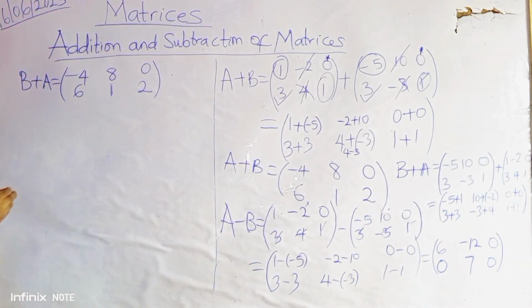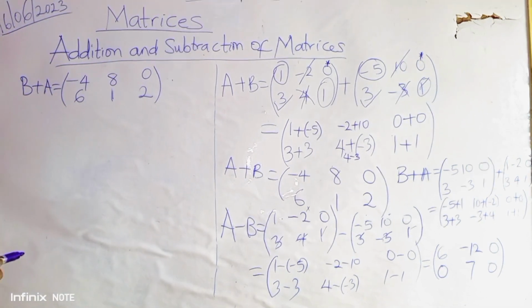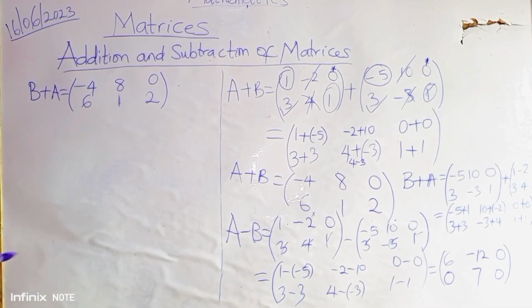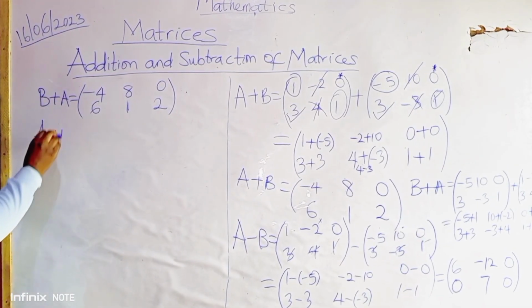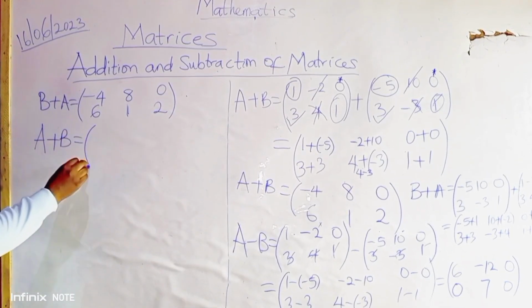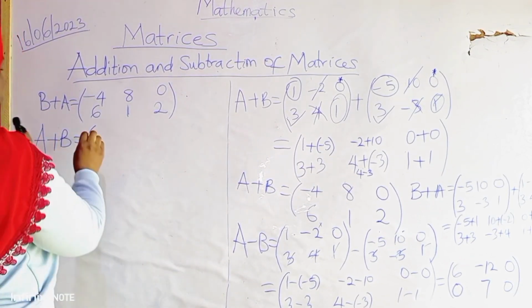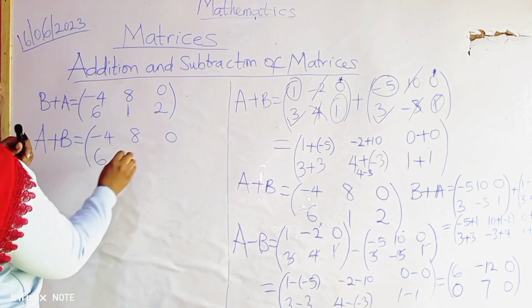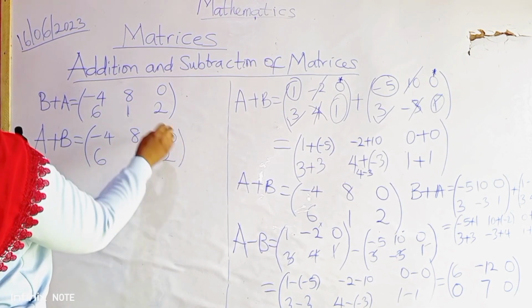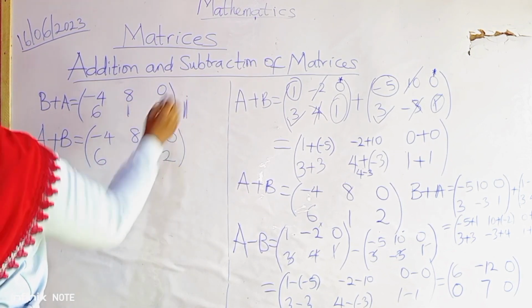So now, what do you observe? Let's check. What was our A plus B? We got minus 4, 8, 0, 6, 1, and 2. So you can see that they are the same thing.